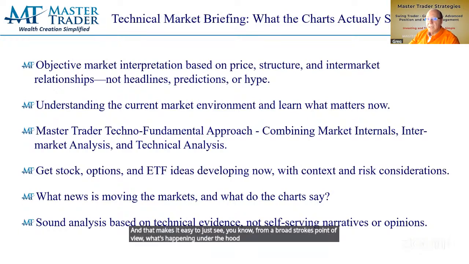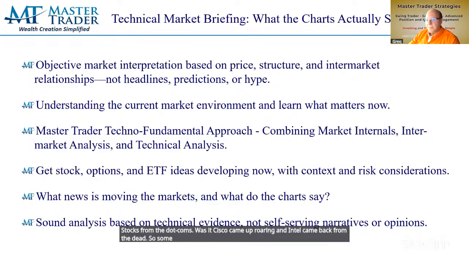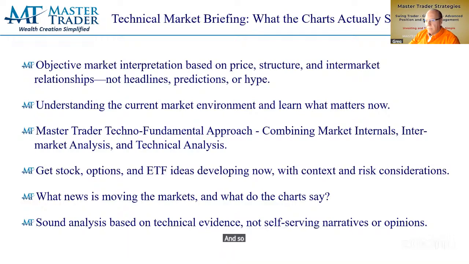But as we look at individual charts, we see what that breadth gauge is communicating to us. Right now, while it's improving, it's pretty anemic. Basically it's semiconductors and some old stocks from the dot-coms. Cisco came up roaring and Intel came back from the dead. So some changes there.